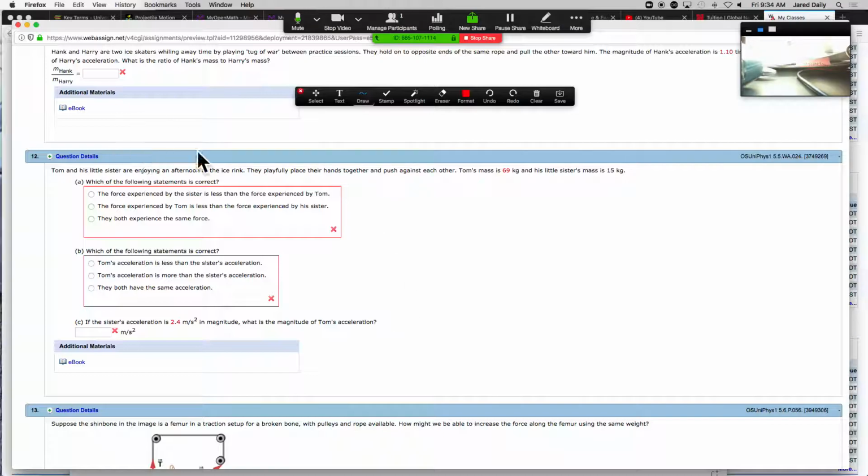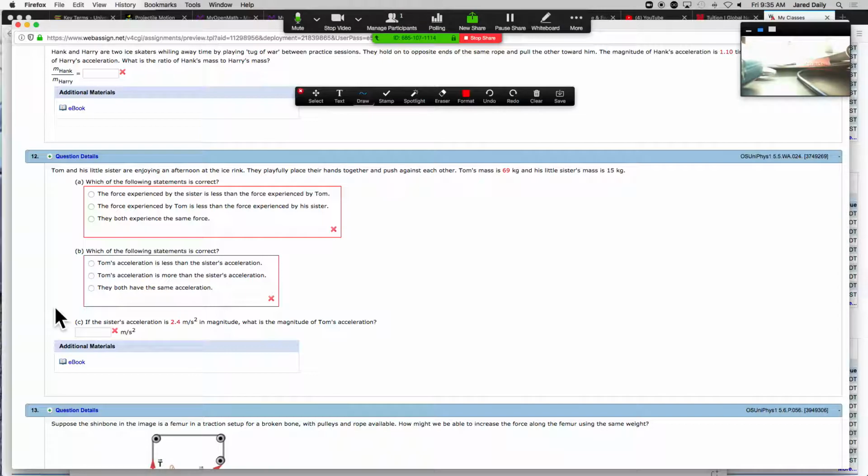Now, the previous problem actually is going to help you to solve the next problem. Instead of a pull, it's a push, but it's the same concept, right? The forces that they feel when they push each other are the same, and their masses are different. So their accelerations are going to be different, but the difference is going to be inverted, right?